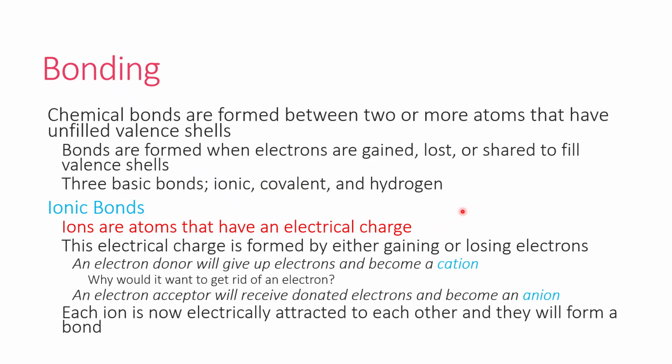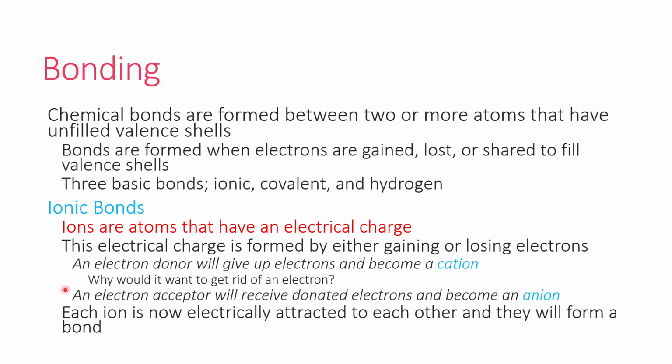These ions are formed when an atom either gains an electron, in which case it becomes negative because electrons have a negative charge, or loses an electron, in which case it has more protons than electrons, so it has a positive charge.